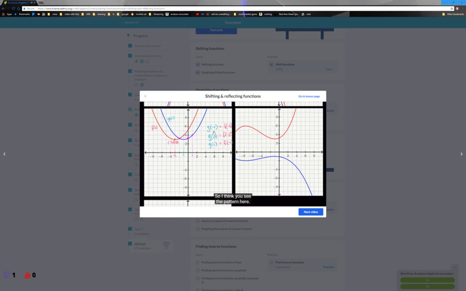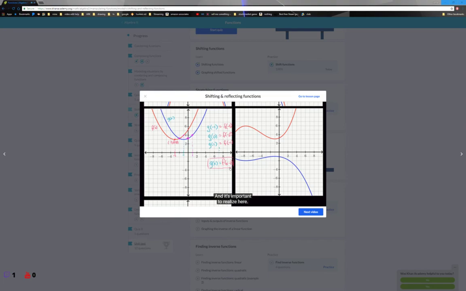So I think you see the pattern here. g of whatever is equal to the function evaluated at 2 less than whatever is here. So we could say that g of x is equal to f of, well, it's going to be 2 less than x. So f of x minus 2. So this is the relationship. g of x is equal to f of x minus 2.